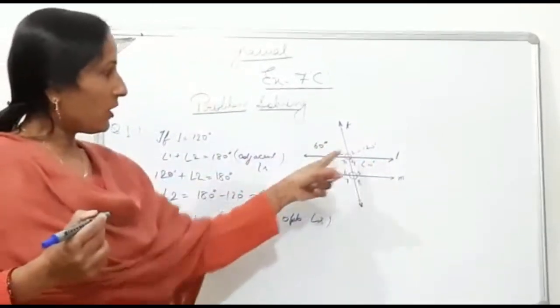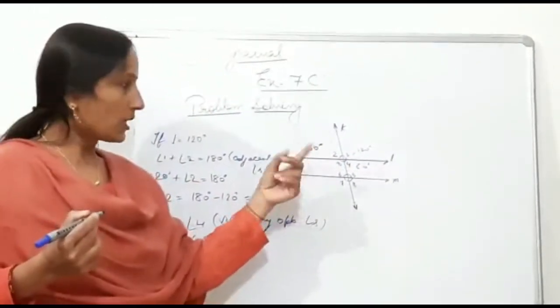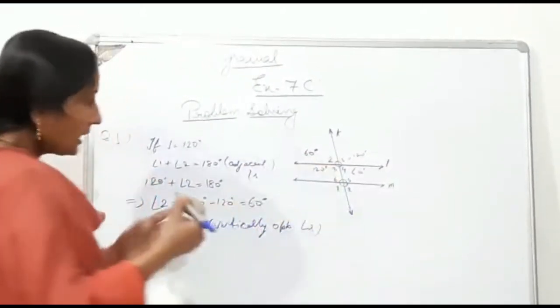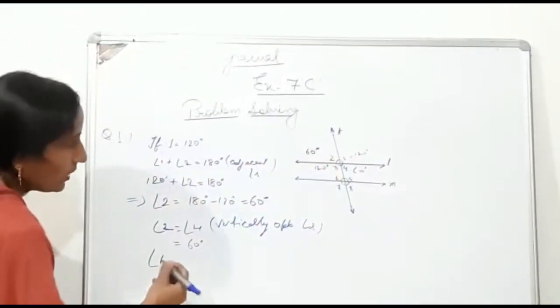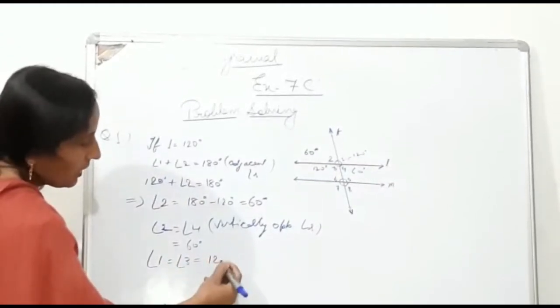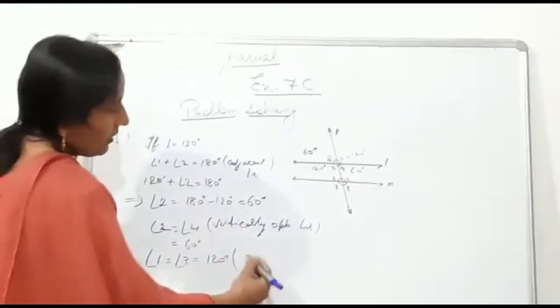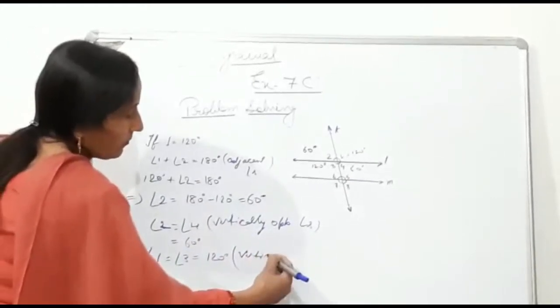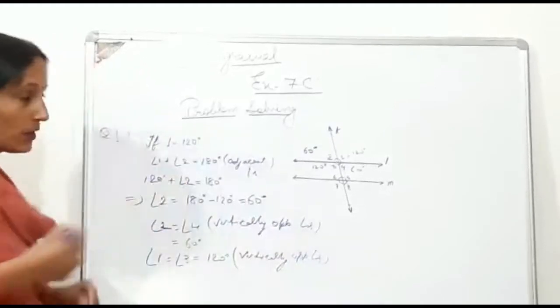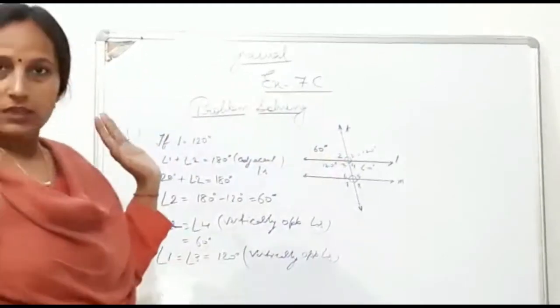Again angle 1 and angle 3 both are vertically opposite angles, so angle 3 will be 120 degree. Here we will write angle 1 is equal to angle 3 is equal to 120 degree, and sidewise we can write vertically opposite angles. Okay, so these all the four angles we found.